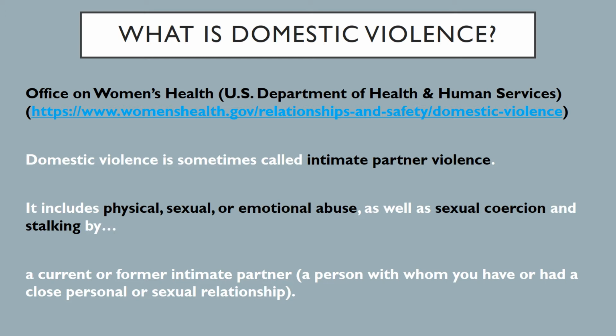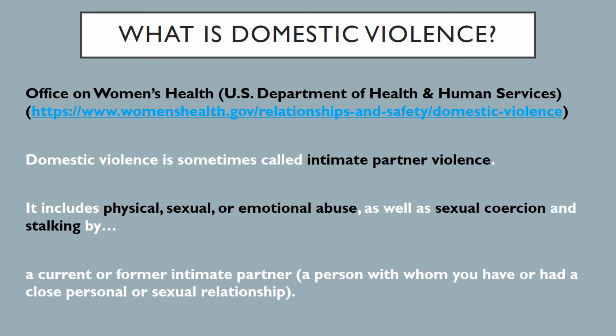But one of the takeaways I look at is that the Office of Women's Health looks at domestic violence and uses a term that has become more and more popular over the last decade or so, which is known as intimate partner violence. Now, is domestic violence and intimate partner violence the same? Yes and no. So that's one of the takeaways. There's a general umbrella of domestic violence.